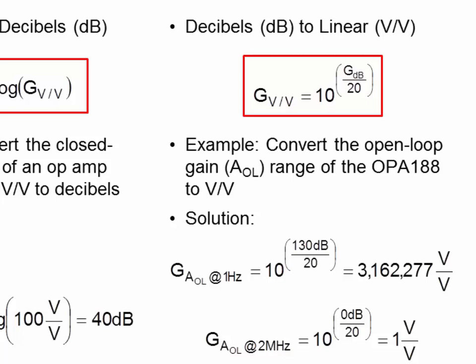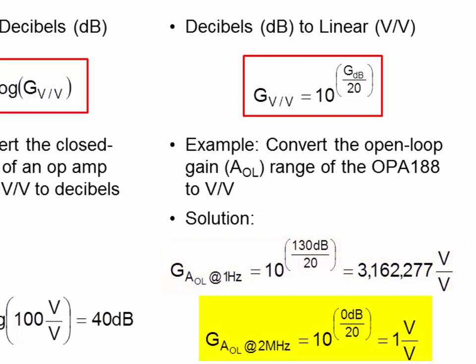While the previous example may not seem like a significant improvement in representing large numbers, let's look at the open-loop gain, or AOL, of the OPA188. At 1 Hz, the open-loop gain is 130 dB, which equates to a linear gain of 3,162,277 volts per volt.